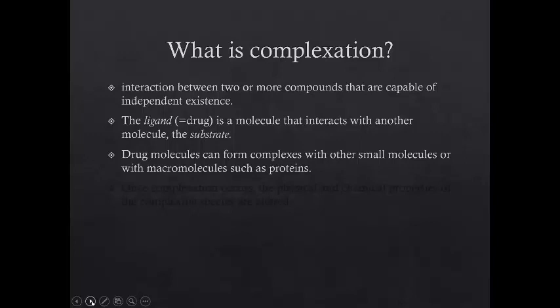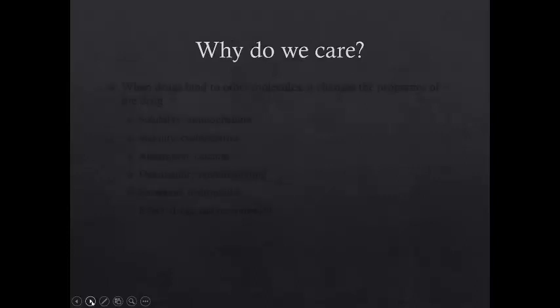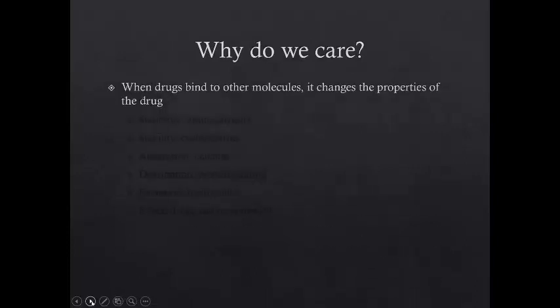Drug molecules then can form these complexes with other small molecules or with macromolecules such as proteins, which is going to be our emphasis. Once the complexation occurs, the physical and chemical properties of the species are altered. So the compounds that were individual, when they're together, the qualities change. And we use this, right?